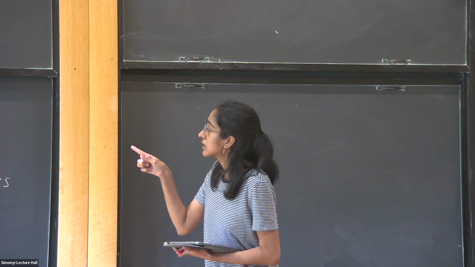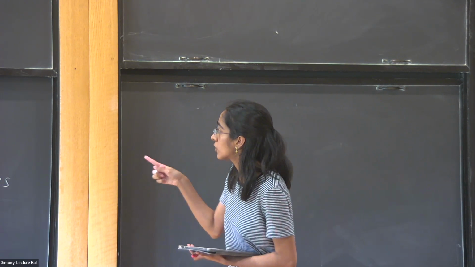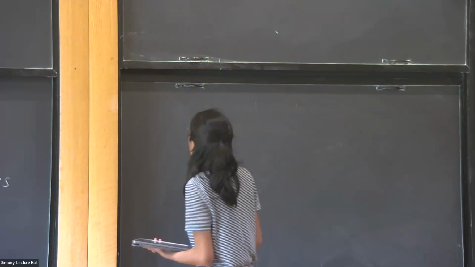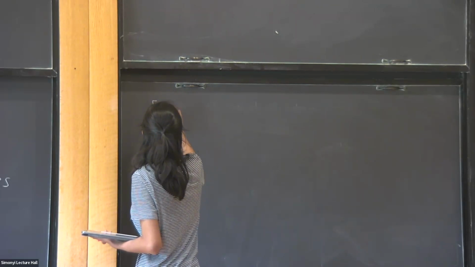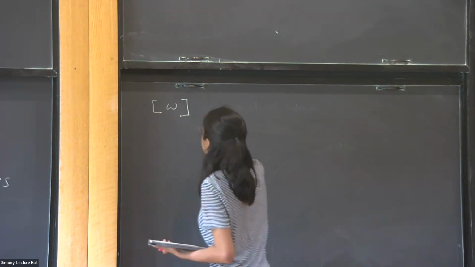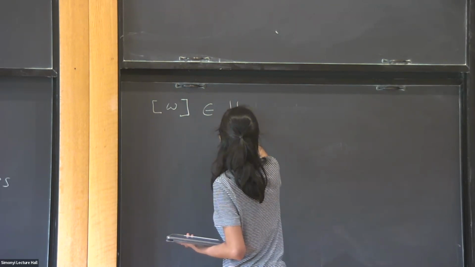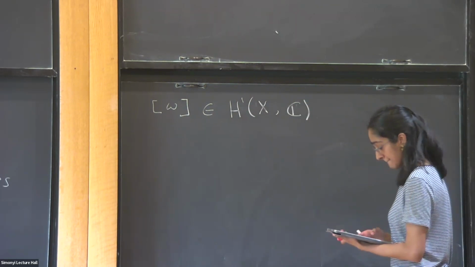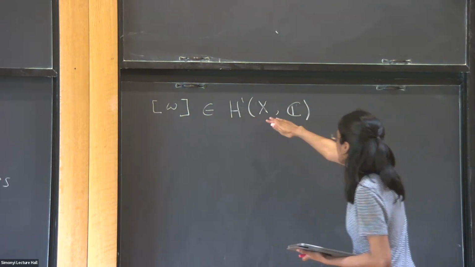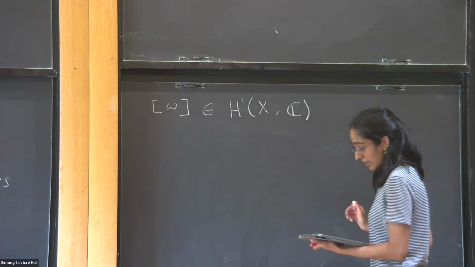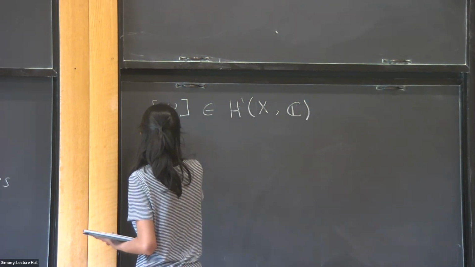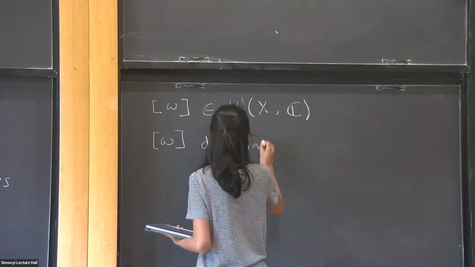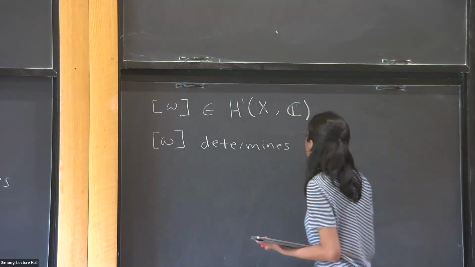So there is a geometric way of thinking about holomorphic one forms, but there's also an algebraic way to think about holomorphic one forms, which is that it determines a cohomology class in this. And the cohomology class determines the holomorphic one form also.